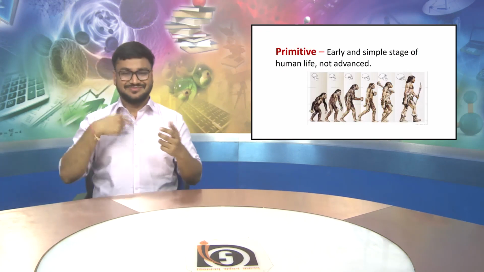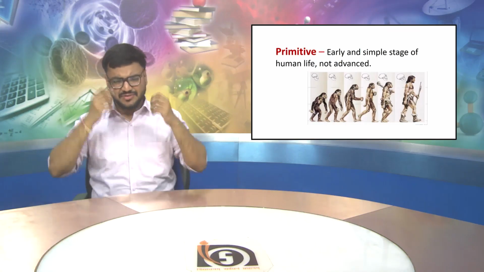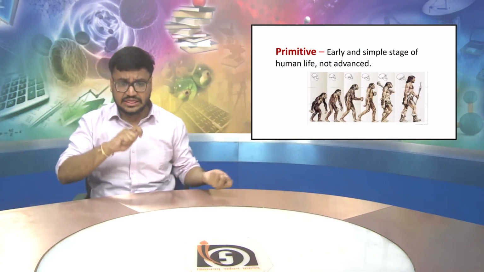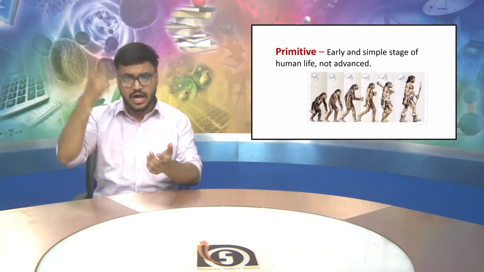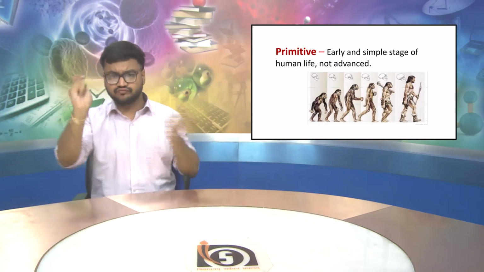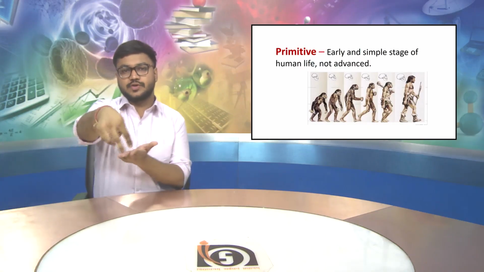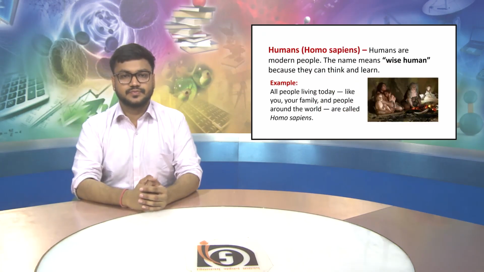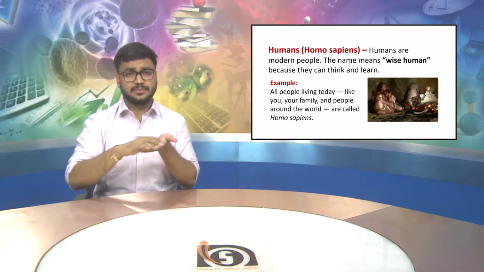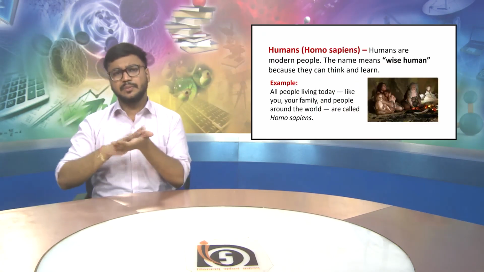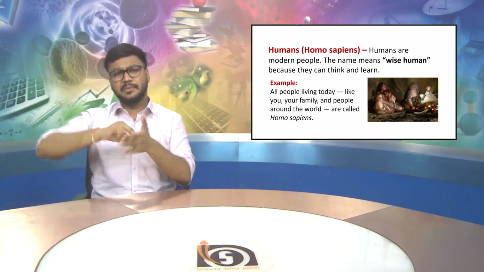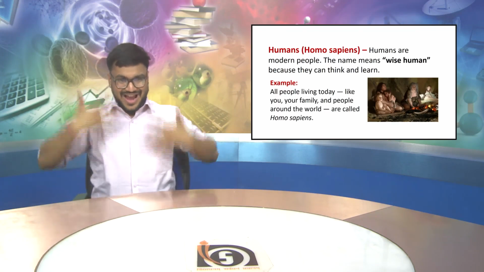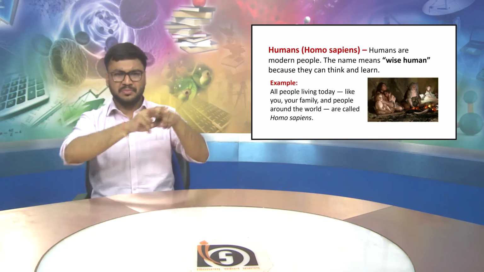Next is primitive. Early and simple stage of human life but not advanced. Humans, also called Homo sapiens. Humans are modern people.